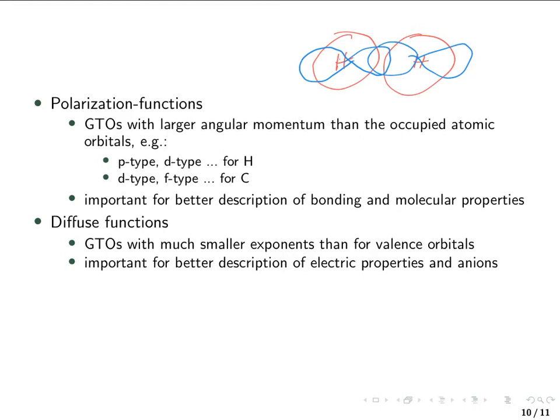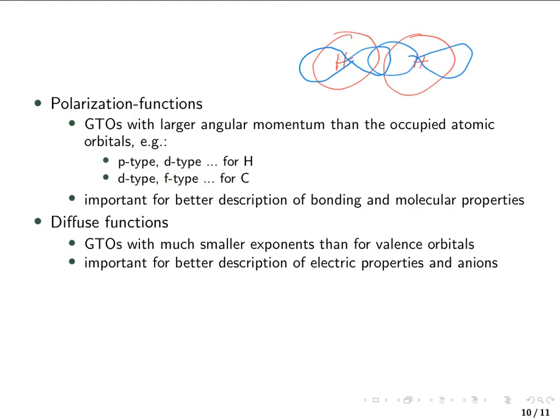So for hydrogen, p-type orbitals are polarization functions, and they are important to include if one wants to describe bonds between the atoms. Correspondingly, for carbon, nitrogen, oxygen, one would include d-type basis functions, and for atoms which have occupied d-type orbitals, one would include f-type basis functions.